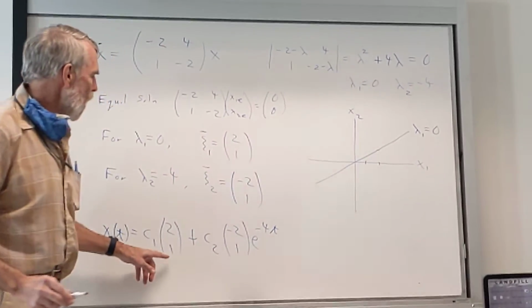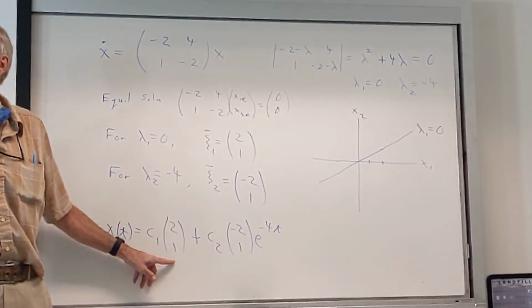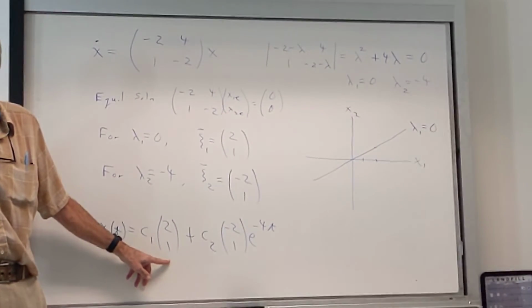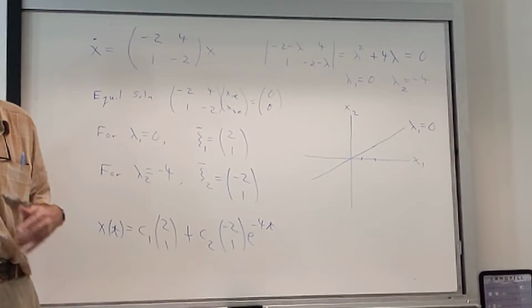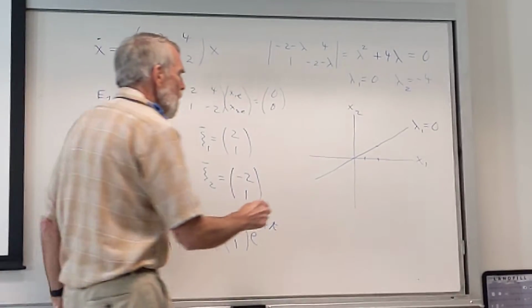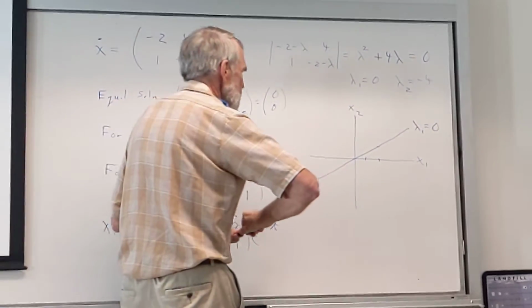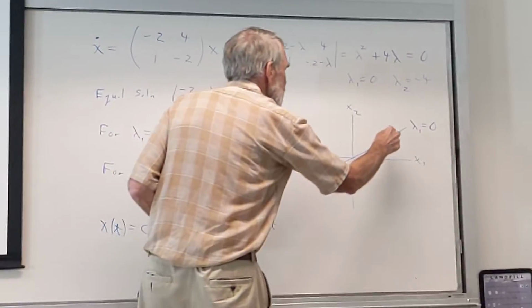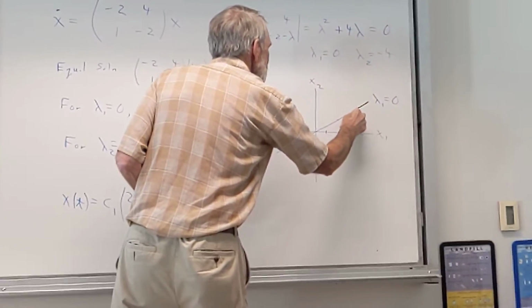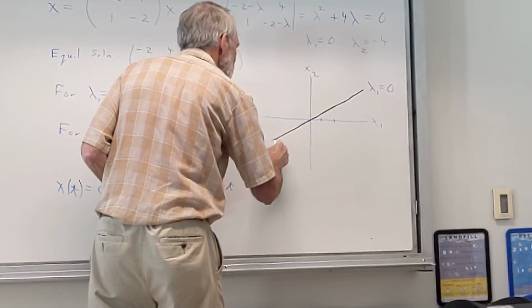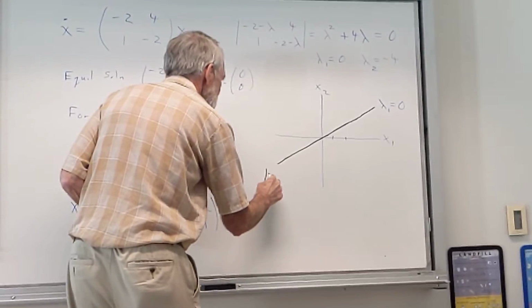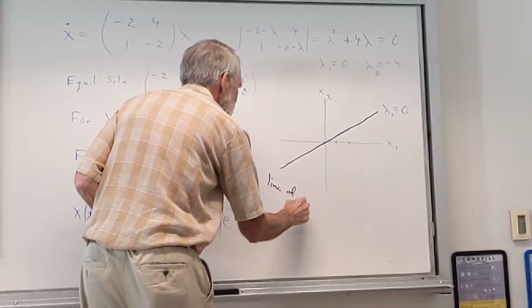Okay, so along here, it does what? There's no motion, is there? There's no time dependence along this whole thing. Let me use my other pen to emphasize this. This is a line of equilibrium.